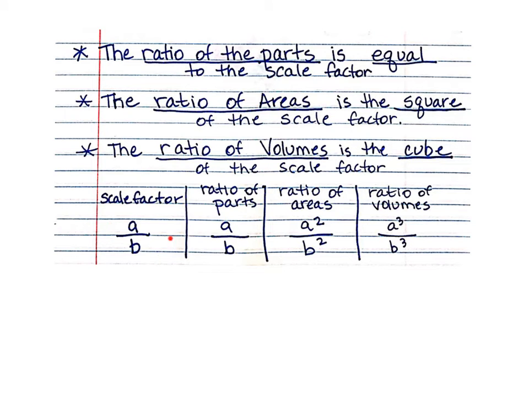So if your scale factor was A over B, all of their corresponding parts are also going to have this ratio, A over B. The ratio of the areas will simplify to A squared over B squared, so it's the square of the scale factor. And the ratio of the volumes is A cubed over B cubed. Everything's got to be cubed because it's 3D. So these are the rules that we're going to follow, and I'll show you the examples.